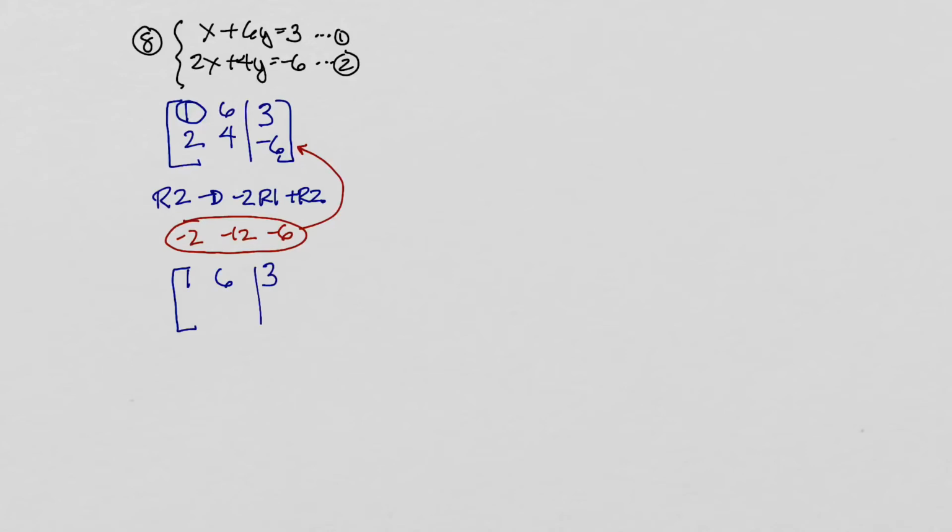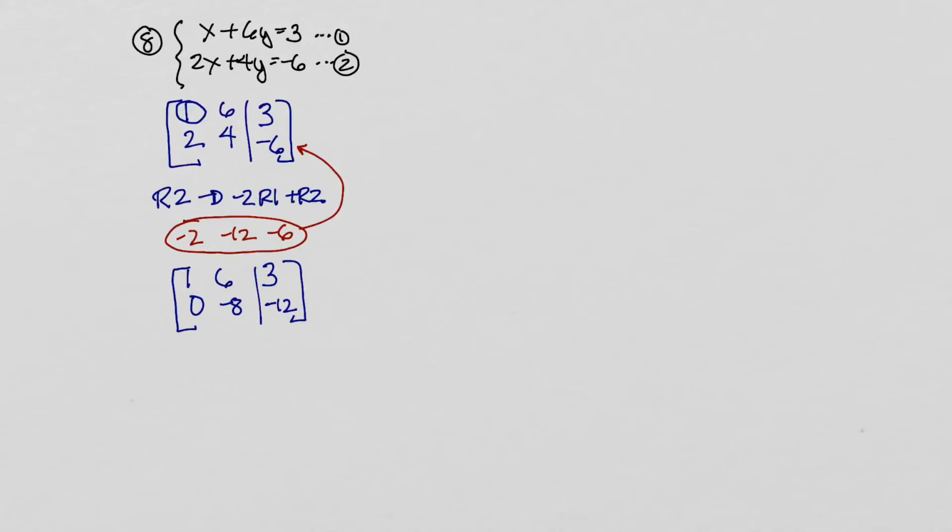And now, adding the current row 2 to the new row 2, we will get 2 plus negative 2 is a 0. We'll get a 0 here. And then 4 plus negative 12 is negative 8. And then negative 6 plus negative 6 is negative 12.